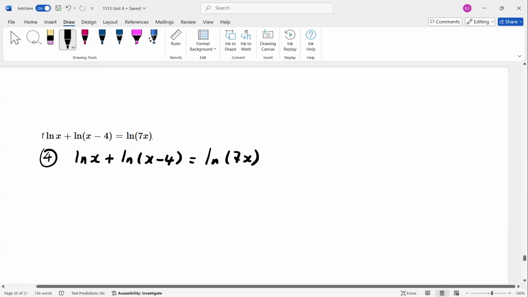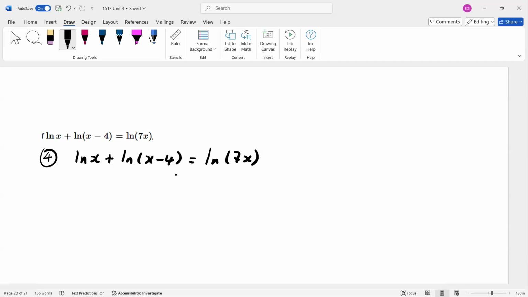So in order to solve for x, to isolate x, peel the onion to expose x, we have to condense. Firstly, we want to condense the left side because it's an addition. We condense one at a time, right?